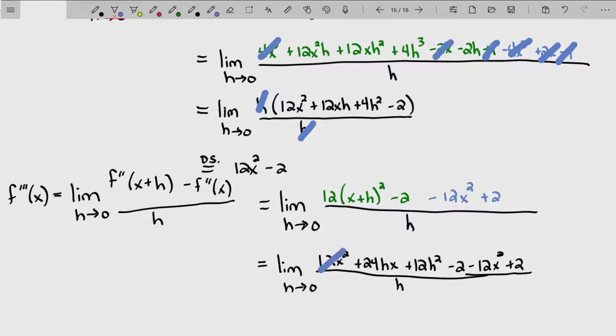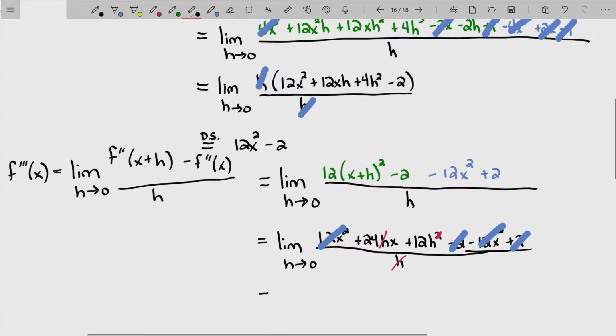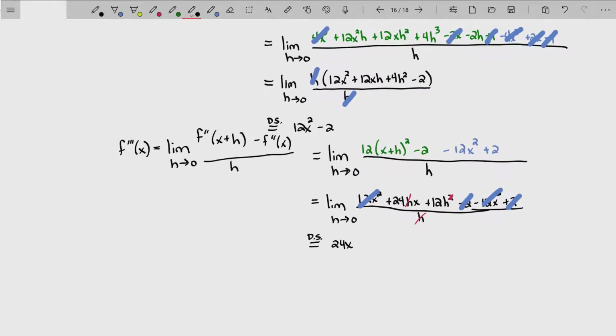So 12x squared cancels negative 12x squared, negative 2 and positive 2 cancel. Factor out the h and cancel. This time I'm just going to say this h goes into those like this. There we go. And via direct substitution, we get 24x. And anything else? Nope, h goes to 0. So 24x. And that's the third derivative.